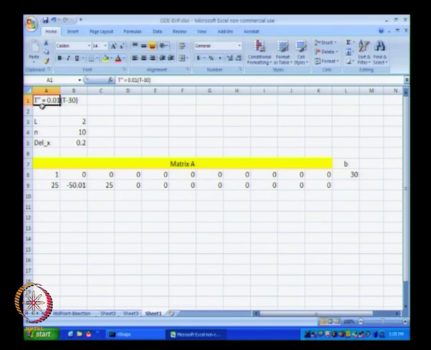The b value is what is left on to the right hand side. If you look at this expression, once we take t to the left hand side, the thing that is left on the right hand side is 0.01 multiplied by minus 30, that is equal to minus 0.3. That is what we will have left on the right hand side.